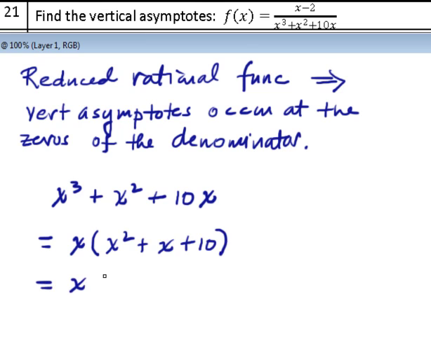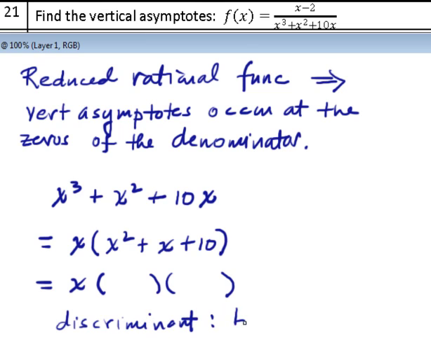Okay, and then we'll try to factor x squared plus x plus 10, and we'll quickly see that we can't factor this. All right, and so then we say, okay, maybe we can use the quadratic formula. All right, so we'll calculate the discriminant, to see if it can be factored.